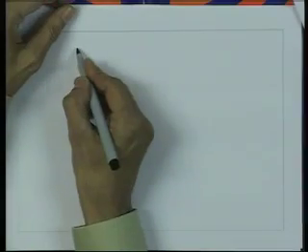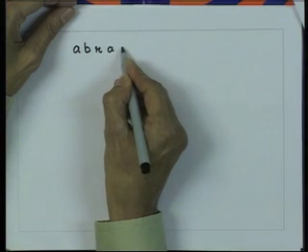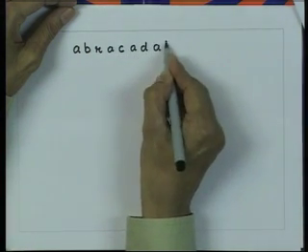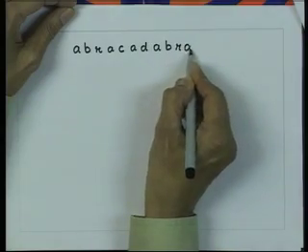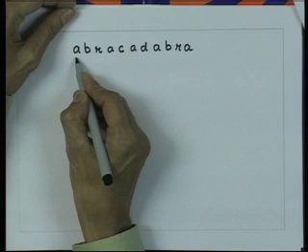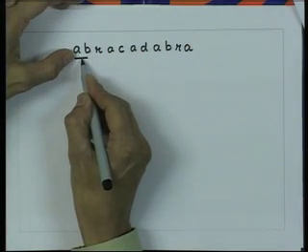So, if we form a dictionary based on this, then if we have to encode a sequence, let us say A, B, R, A, C, A, D, A, B, R, A, the procedure is as follows. First we read the 2 characters, they form a diagram.